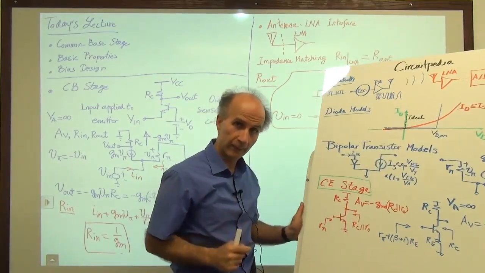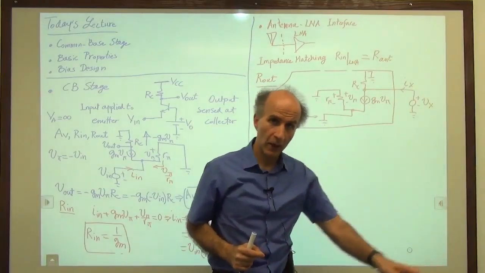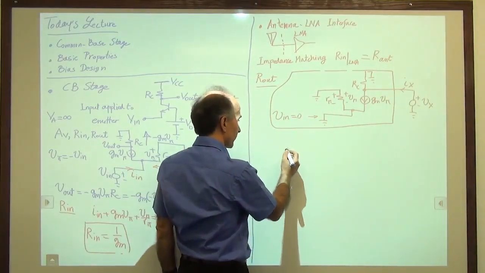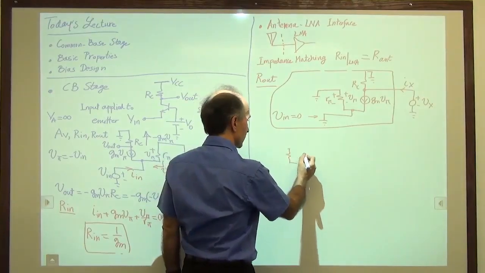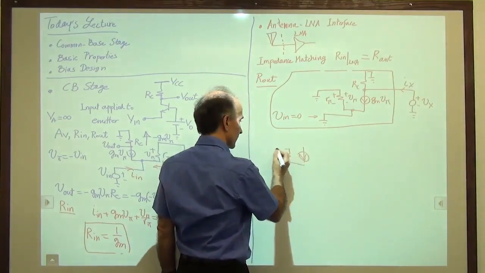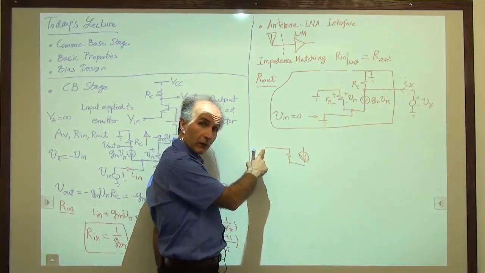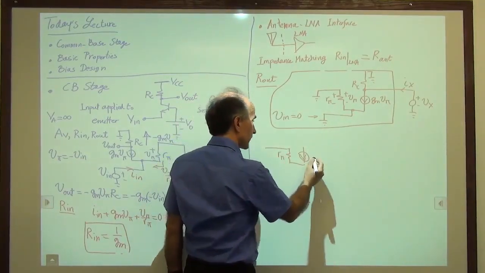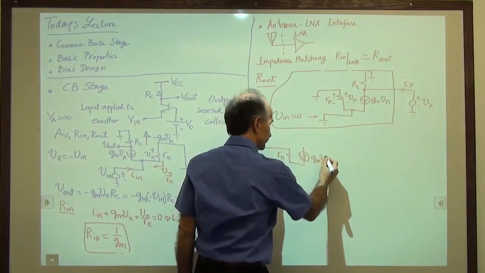All right, let's do that. So I will draw the small signal model of the common emitter stage again. So remember, we have the transistor, so it's like this. It's driven by a voltage source, an ideal voltage source, the input V in, so R pi here, GM V pi here.